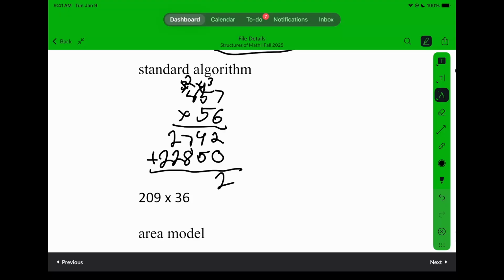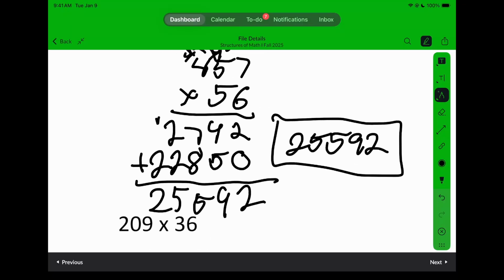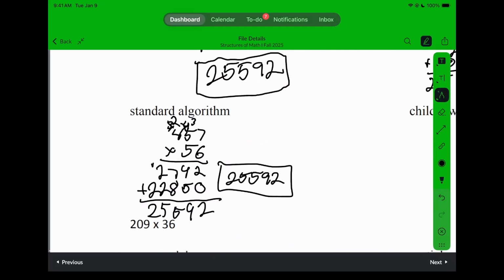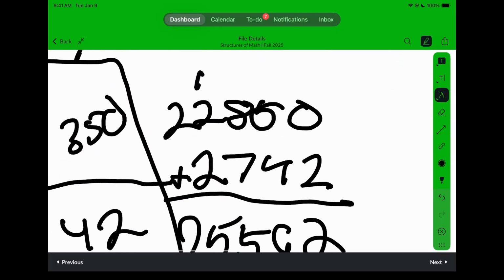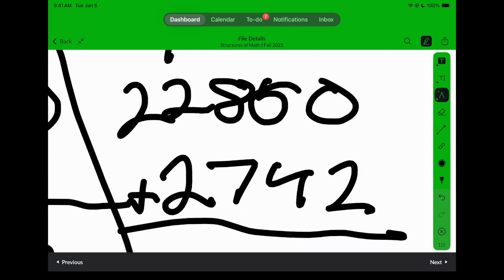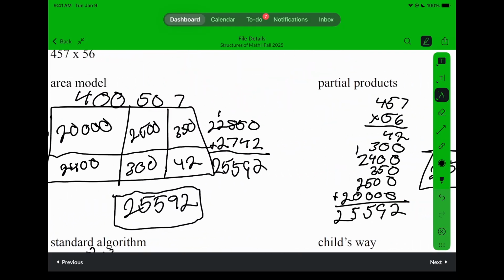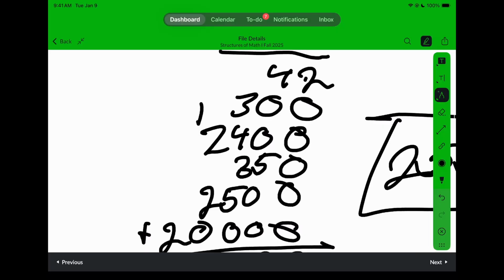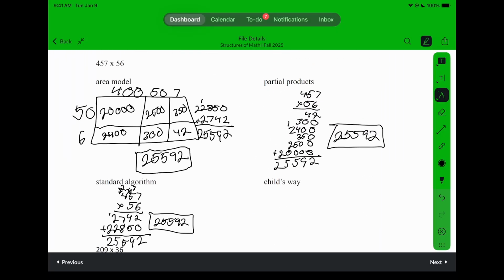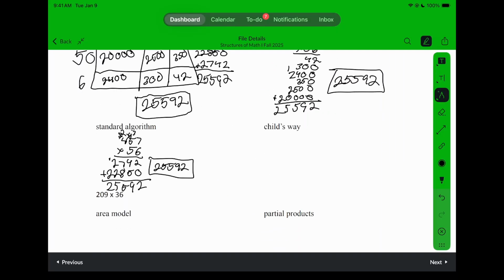Add these up. Answer is 25,592. Notice how these two numbers match up with the numbers you got from adding up all of these numbers, which are actually the same as these numbers. So it's all interconnected, and I find that very cool.